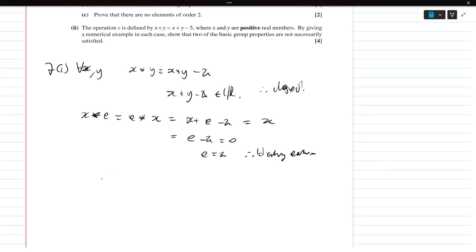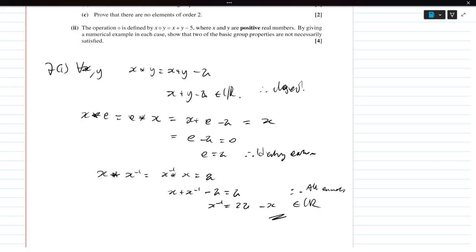I am writing on a touchpad. x plus x inverse minus a is equal to the identity, which is a, so x inverse is 2a minus x. And this is a real number, therefore all elements have inverses.